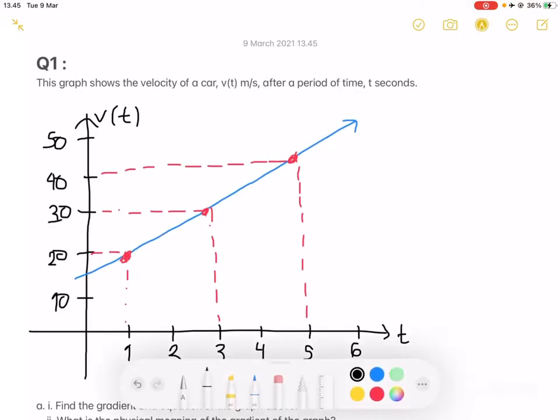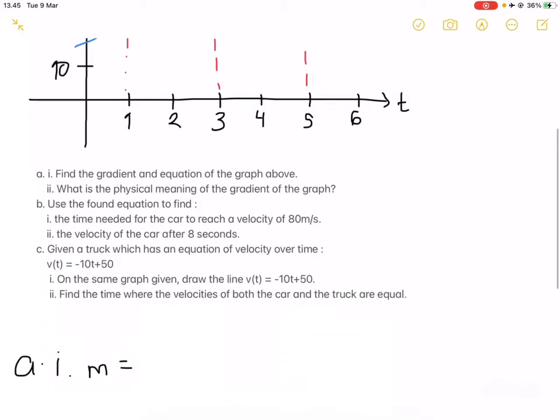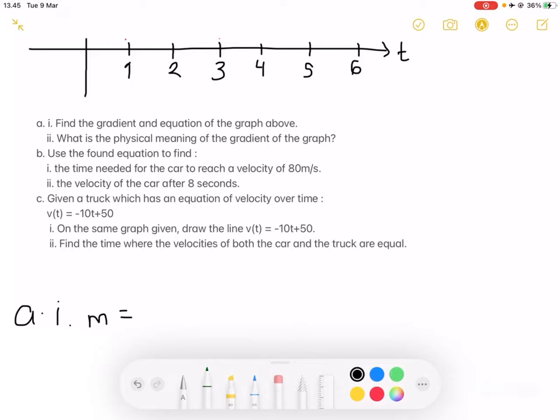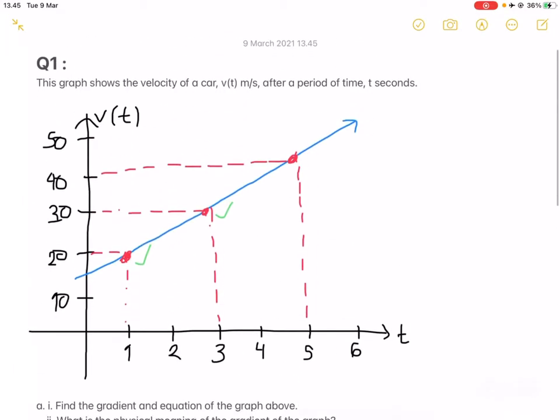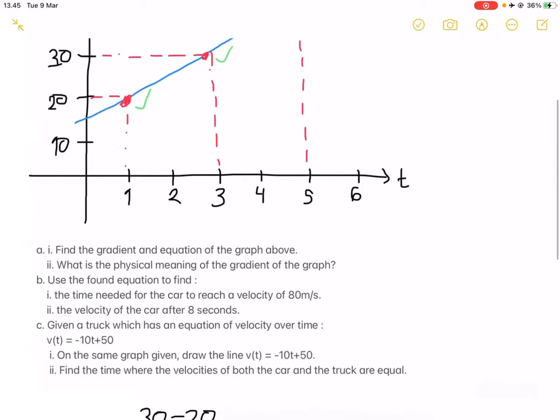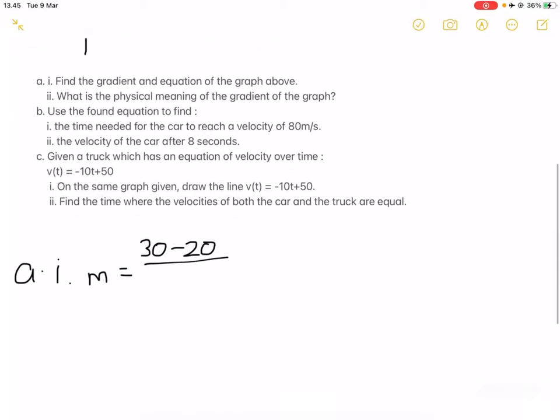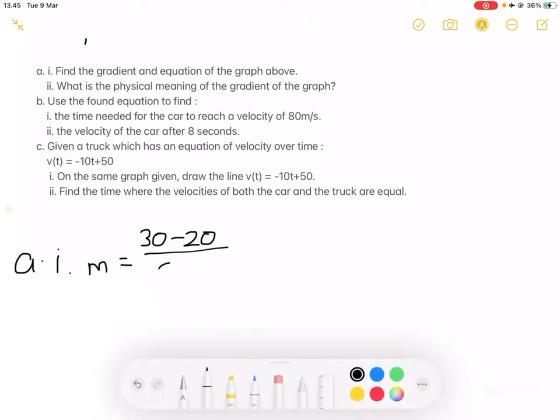So we're just going to use these 2 points for our calculation. It will be the change in the y value, which is 30 minus 20, or I should have said v of t value, since we're talking about the v of t axis right here. And then the change in t value, which is 3 minus 1. And the gradient here is 5.